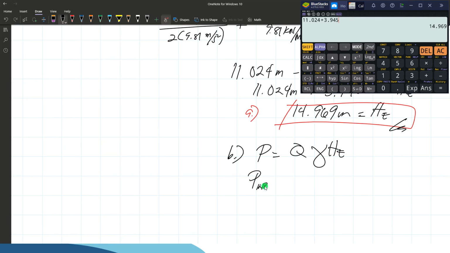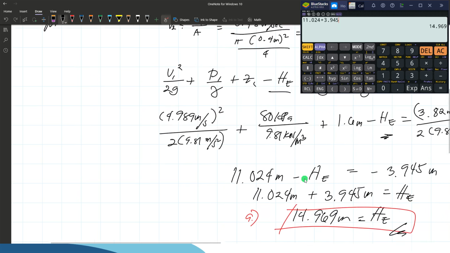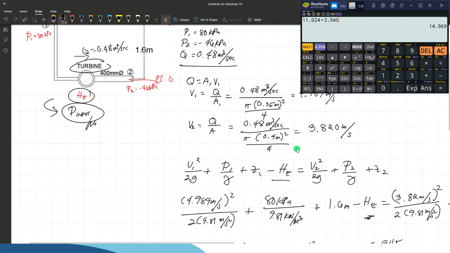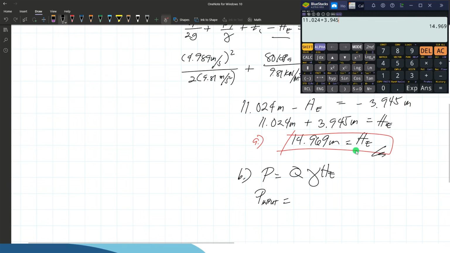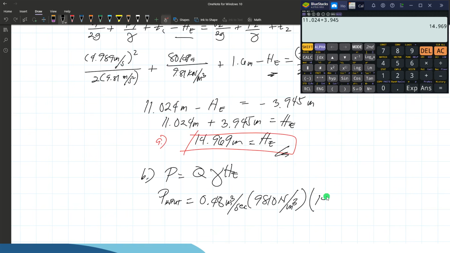This is power input. We have a discharge of 0.48 cubic meters per second times 9.81, or 9810 newtons per cubic meter, multiplied by 14.969 meters.